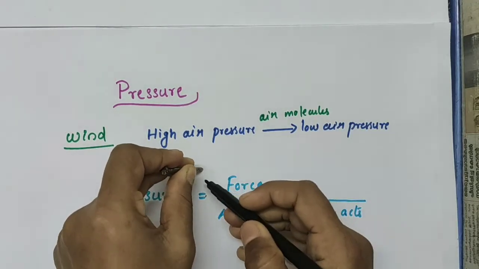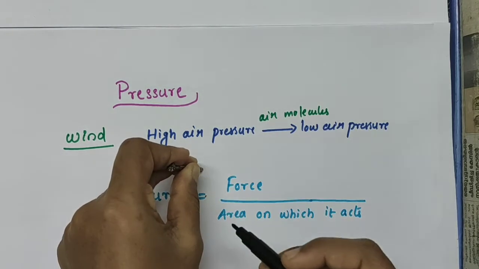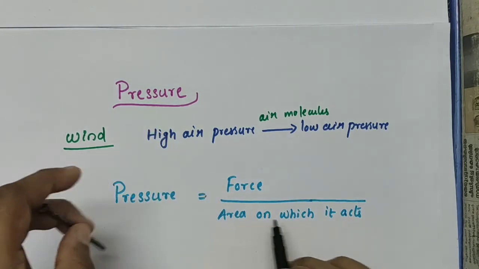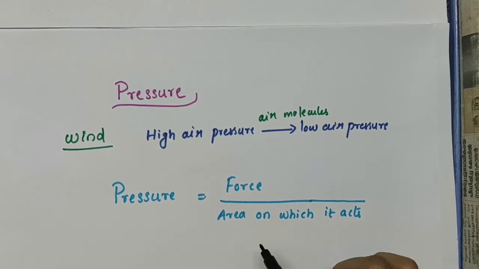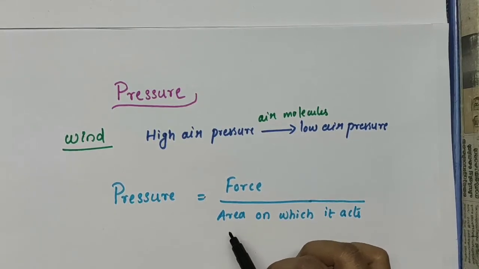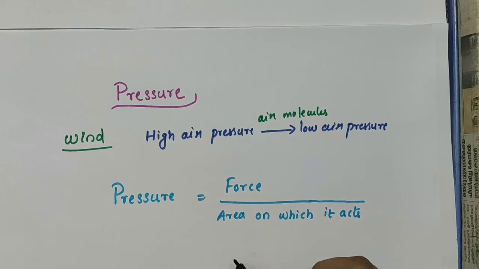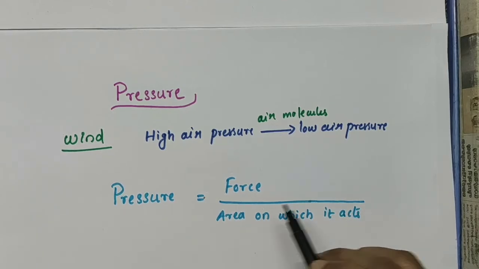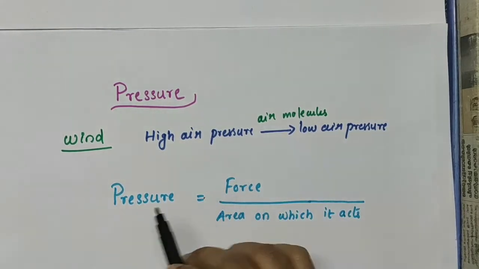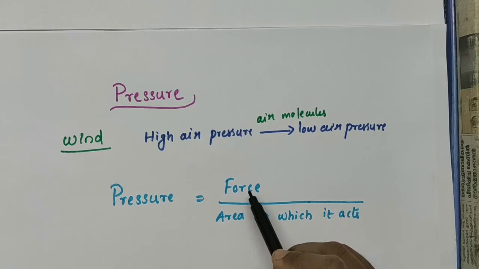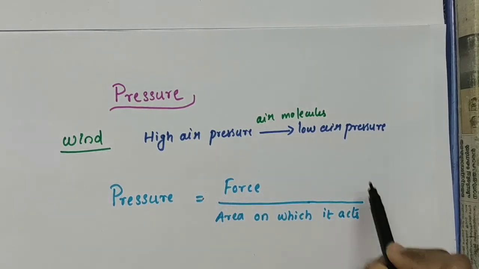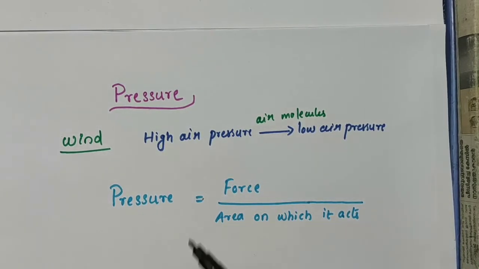Area is in the denominator. So when area is less, the denominator is less. When the denominator decreases for a given numerator, the total value, that is pressure, will increase.